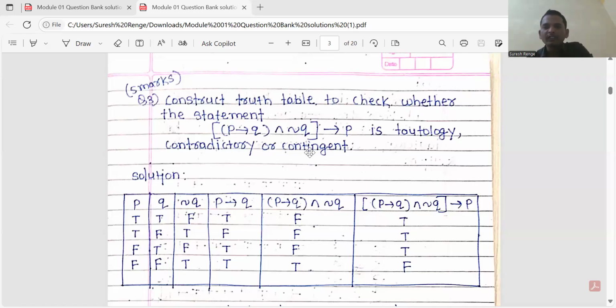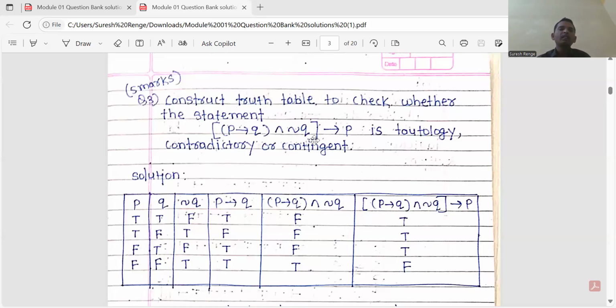In the last lecture, we discussed two questions, one on tautology and one on contradiction. Now, in this third question, we are discussing the contingent category.